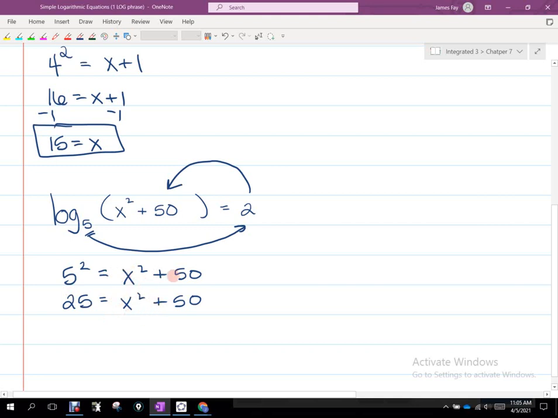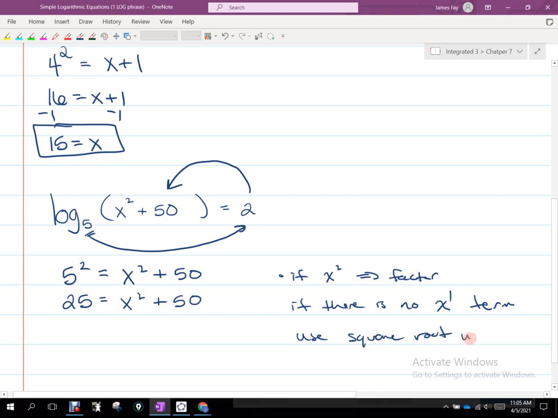If it's x squared, okay, so some stuff to remember. If it's x squared, that means you want to factor. If there is no x to the first term, use the square root method.